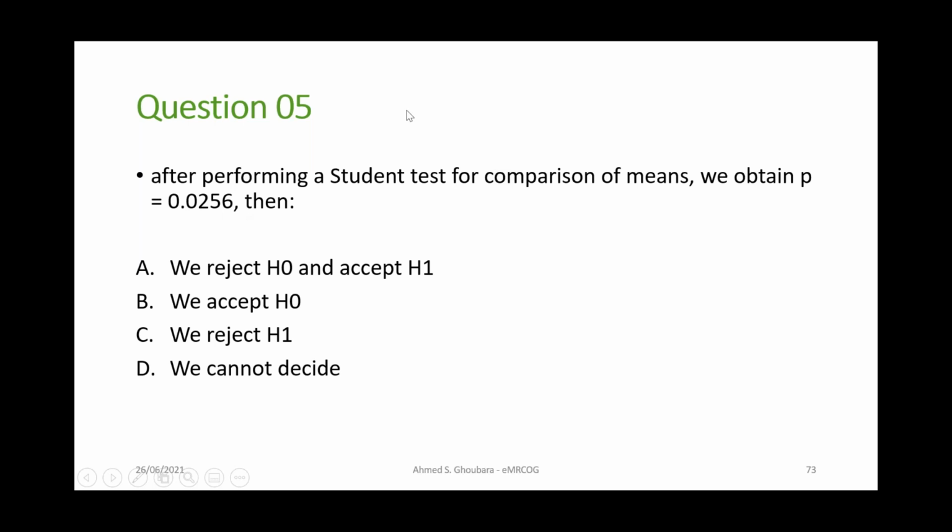If I compare 0.025 and 0.05, this is less than that. Less than 5% means that we are very accurate. The chance of error is so low. Is that correct, guys?